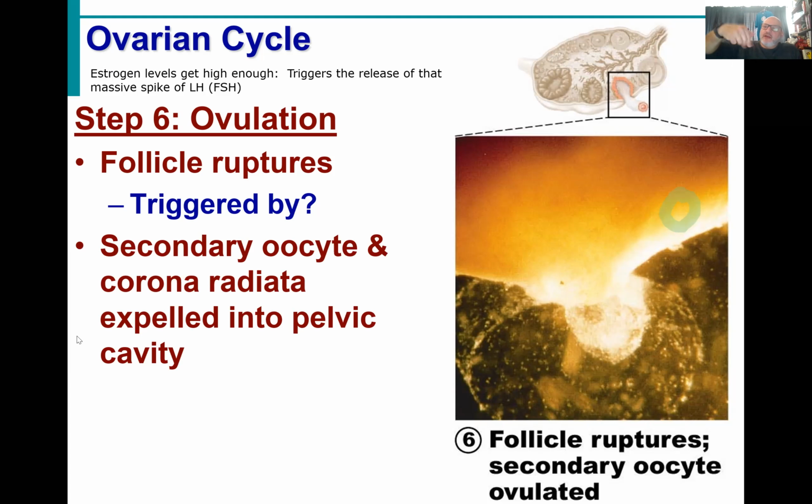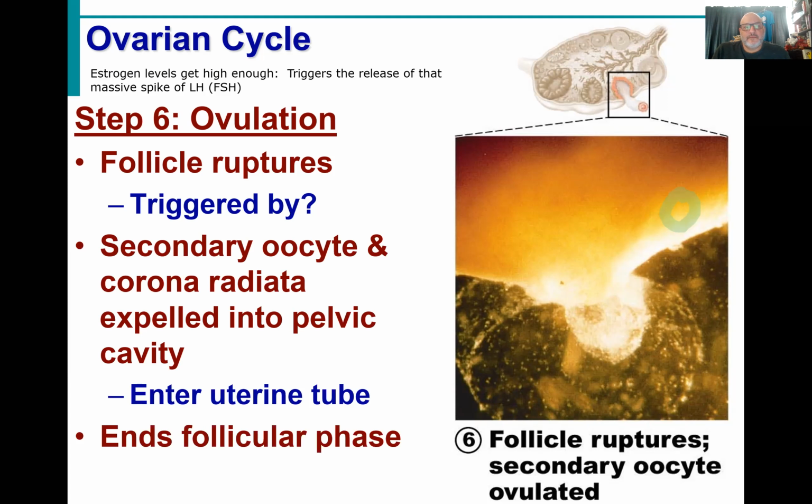And hopefully the uterine tube is able to draw it in, where it will hopefully get fertilized. This is the end of our follicular phase, but we're not done with our uterine cycle.